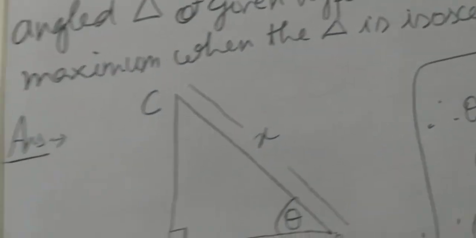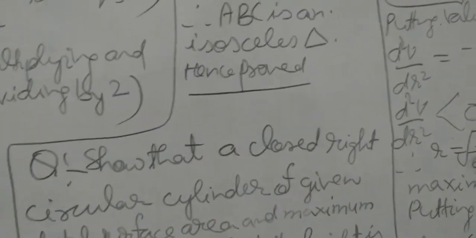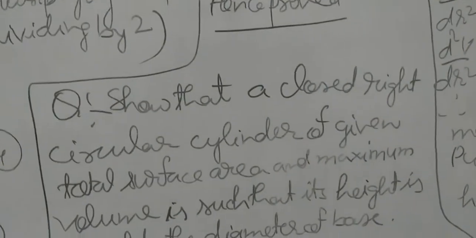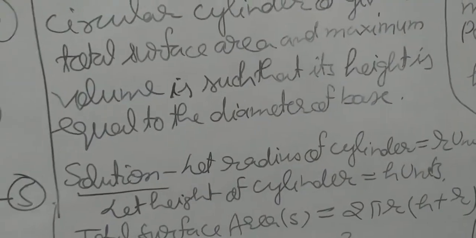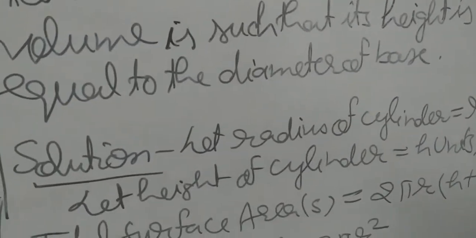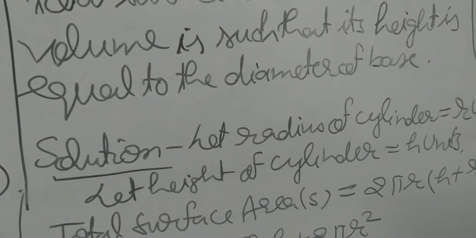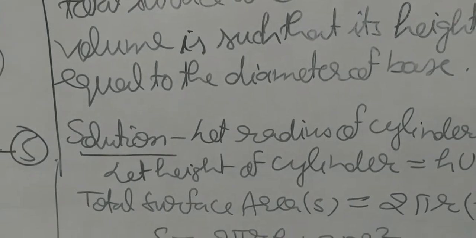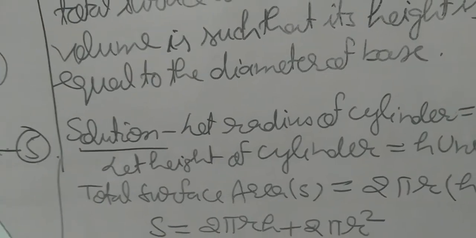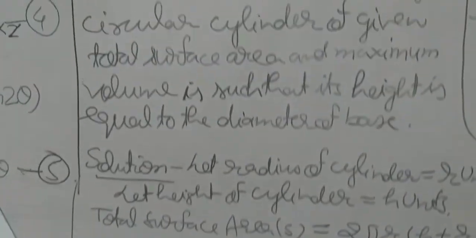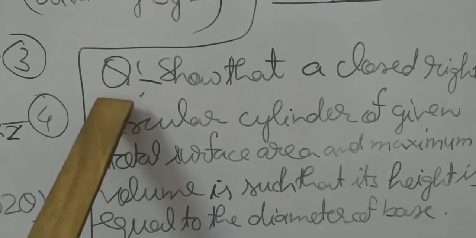That's why it is an isosceles triangle. So this is the method of solving word problems of maxima and minima. So two things you have to remember. First, what is given to us, that should be used, and what we have to maximize or minimize, that value should be differentiated. Now let us solve one more question.